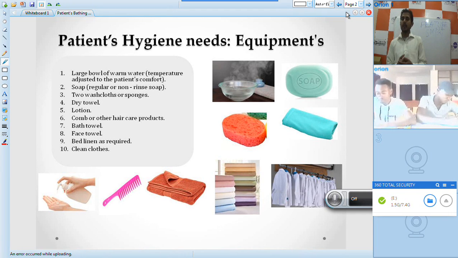First, we will discuss the patient's hygiene need, the equipment which is required to maintain the hygiene in a hospital for the various patients.